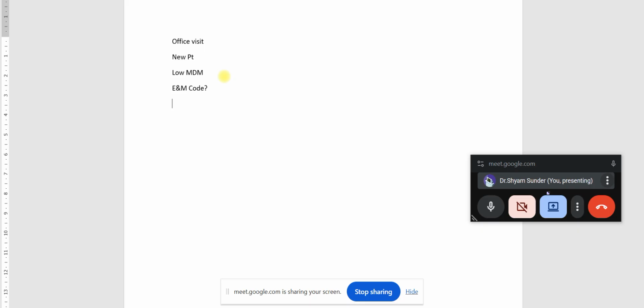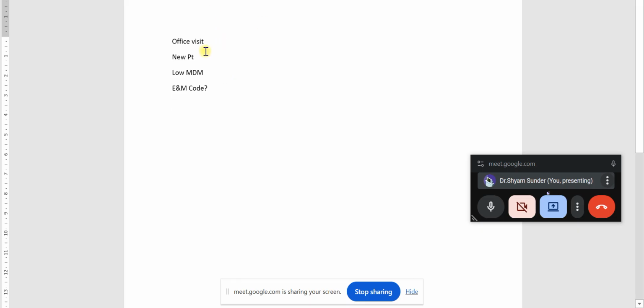What is the code range for office visits? We discussed the codes for office visits on the very first day. The 99202 series, right? Office visits.